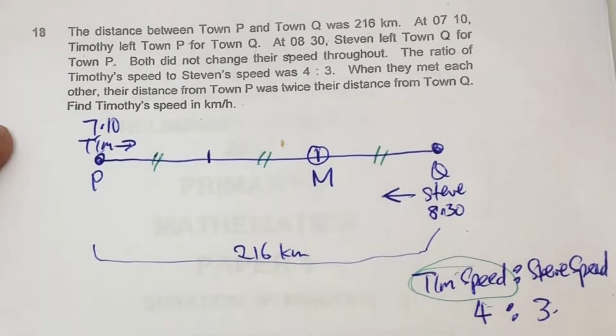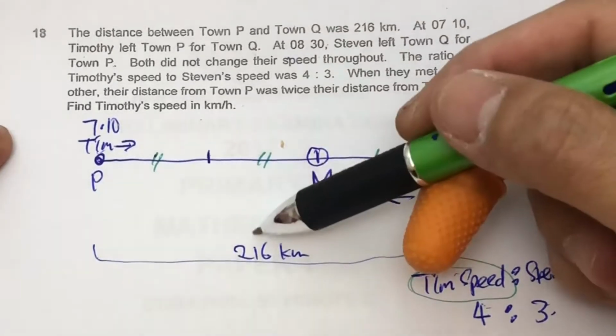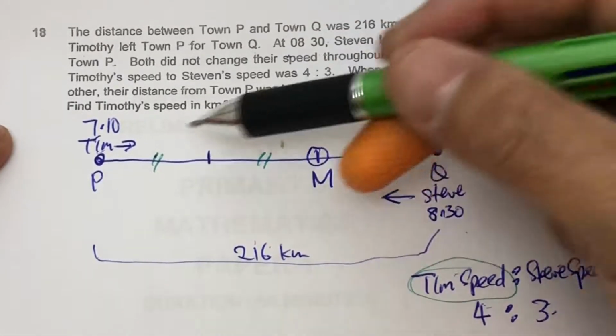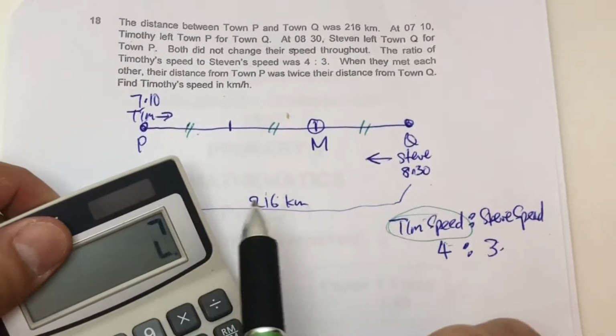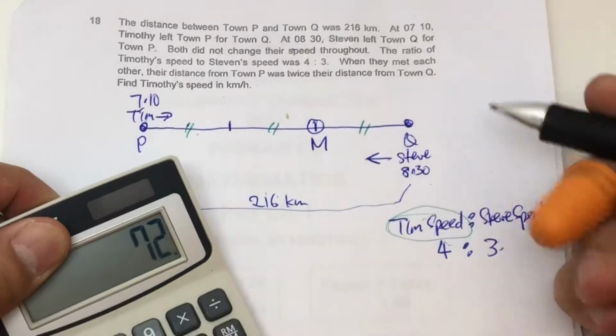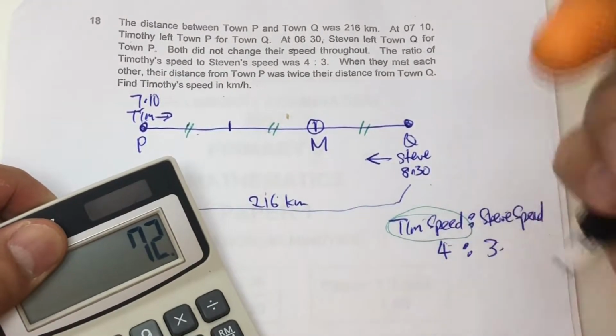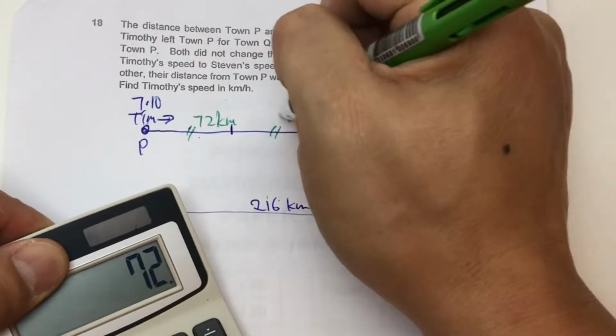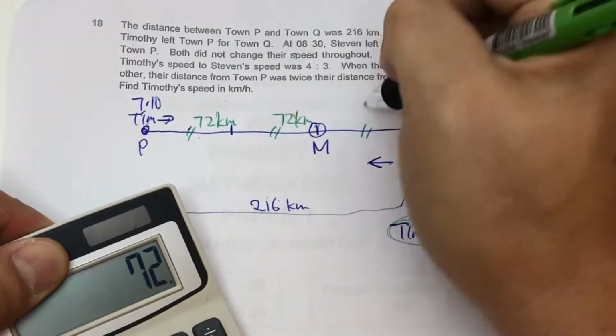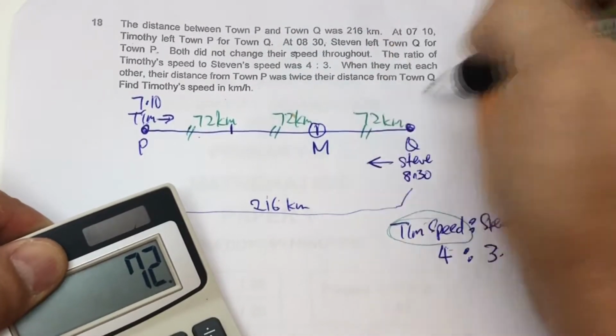So here we have 216 divided into 3 portions. 216 divided by 3 is 72 kilometers. So that's 72 kilometers, 72 kilometers, 72 kilometers.